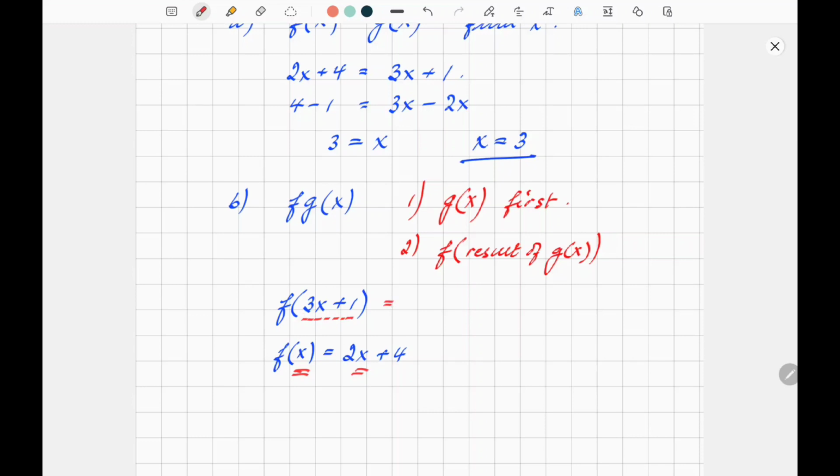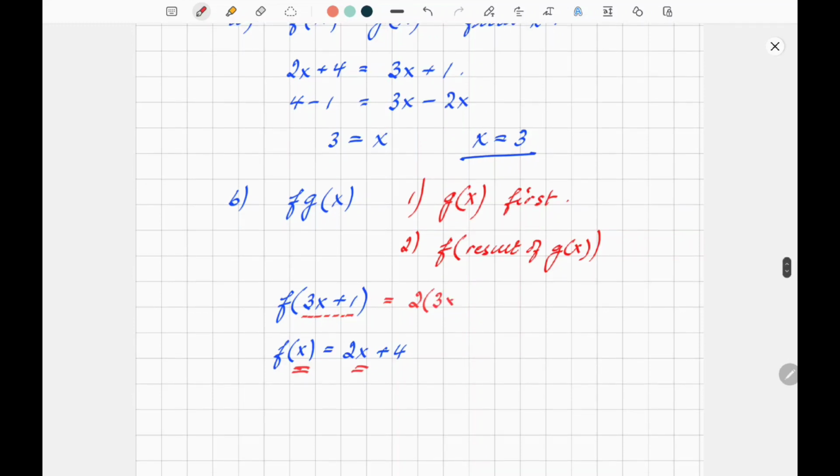So that means I've got 2 times whatever I put into the function. So that's 3x plus 1. And then you've got your plus 4.